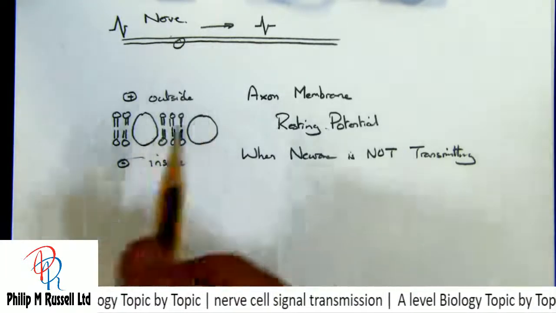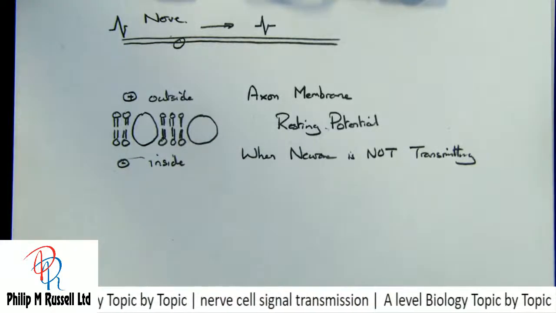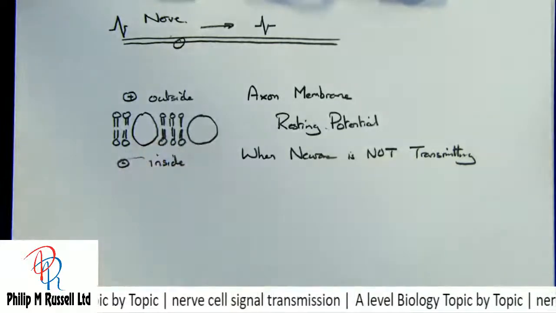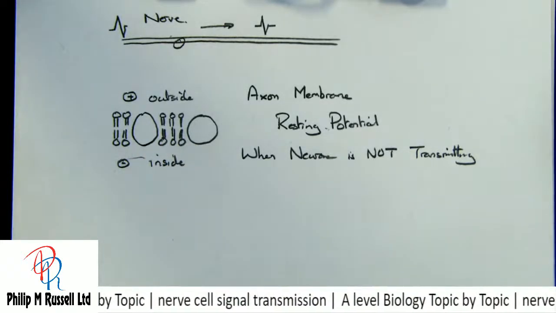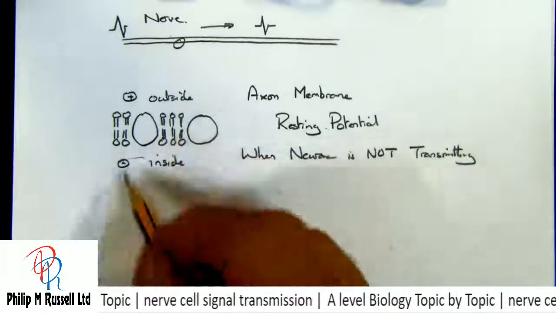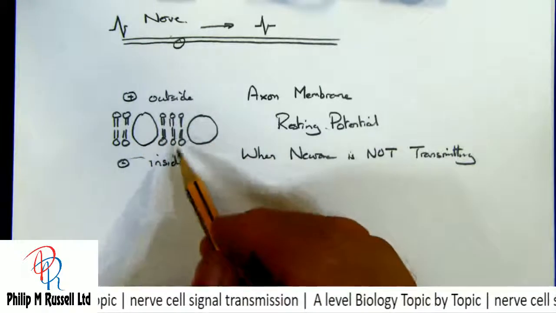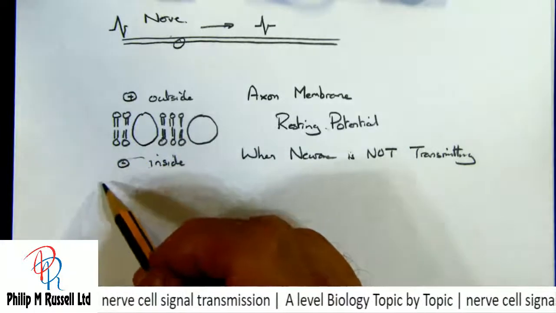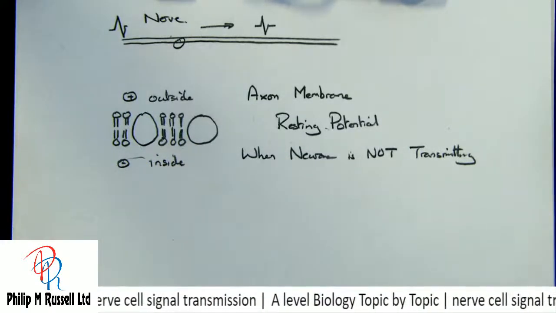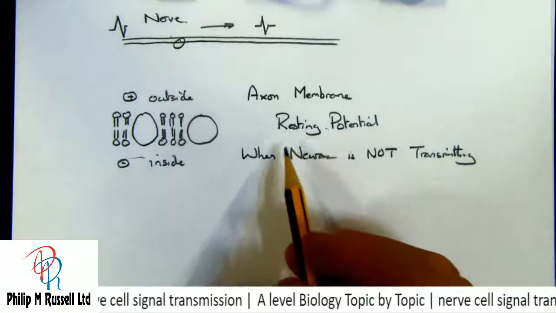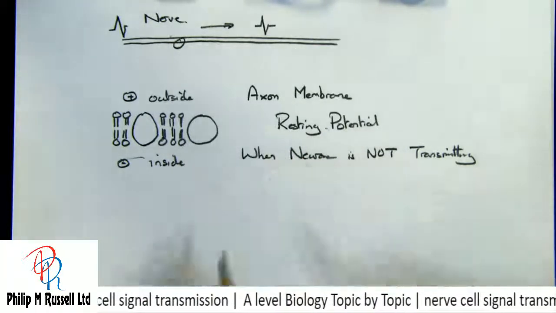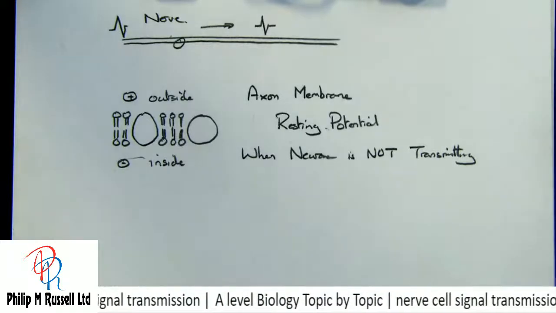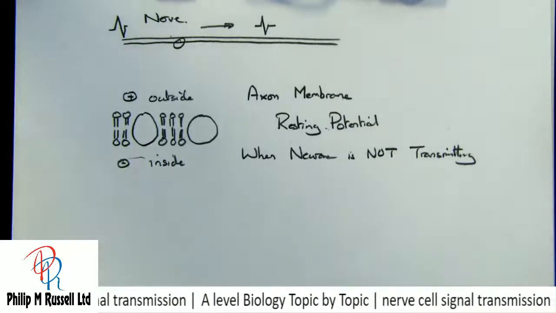And we know that electricity is basically the movement of charged particles, and what we're looking at for this nerve impulse is a movement of these charged particles, and when this does so, then we get what's called an action potential.